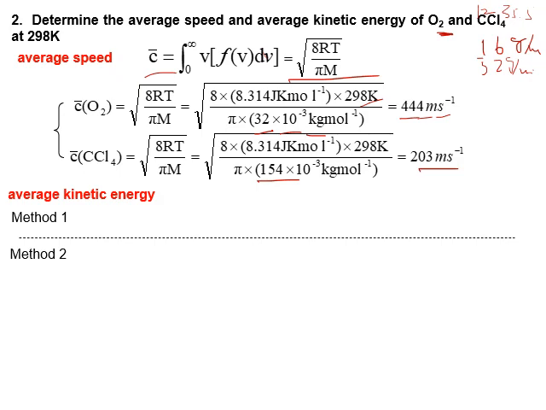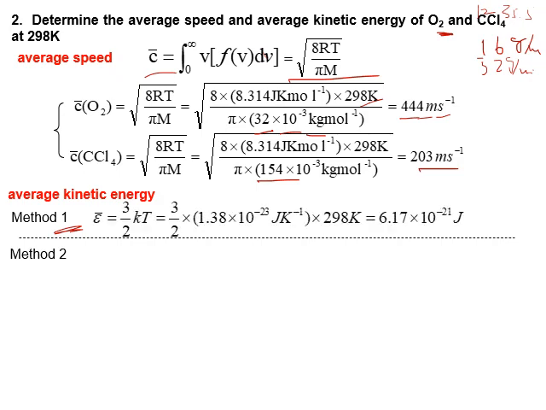Next, calculate the average kinetic energy. There are 2 ways to calculate it. Method 1: if you remember our conclusion that for all gases, the average kinetic energy equals 3 over 2 kT.